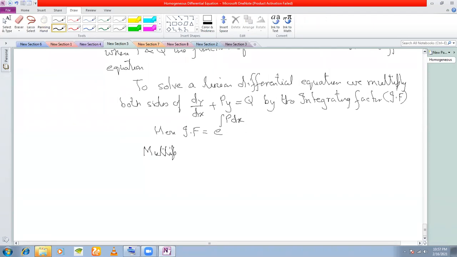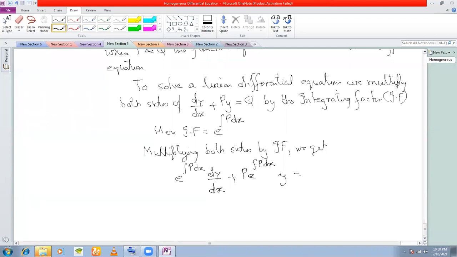Okay. So if you multiply both sides, remember this, I am doing all this because this step is important. Multiplying both sides by integrating factor, we get e to the power of integral p dx dy dx plus p e to the power of integral p dx into y is equal to q e to the power of integral p dx.